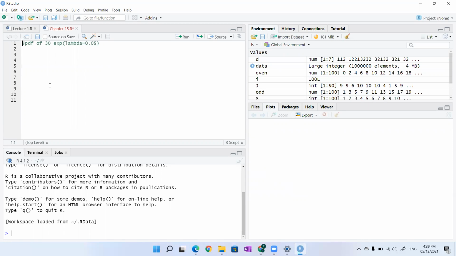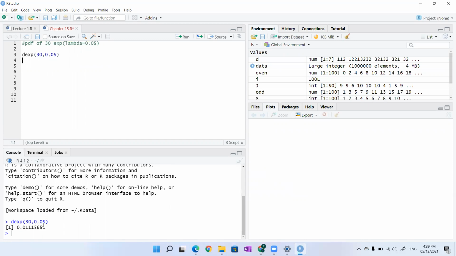So how do you calculate the PDF? DEXP. You want it with respect to 30, so 30, and what is your parameter? 0.05. So basically our answer is 0.011155651.